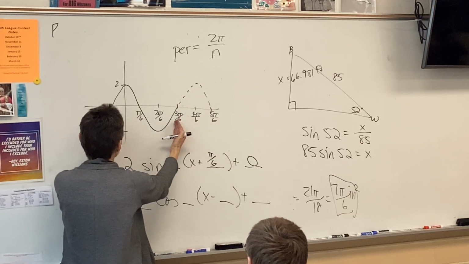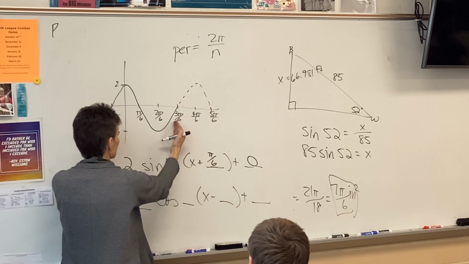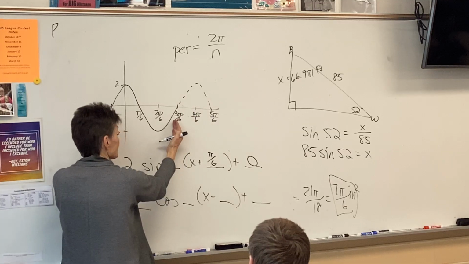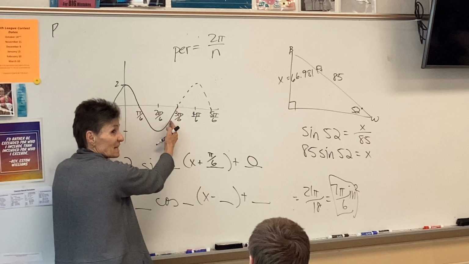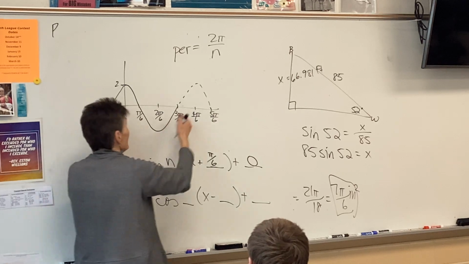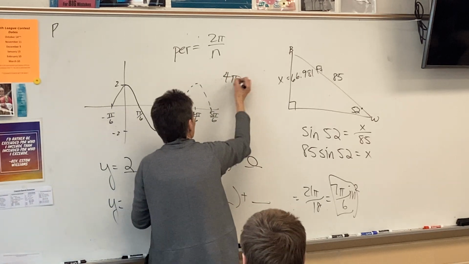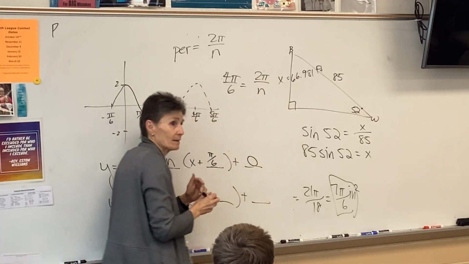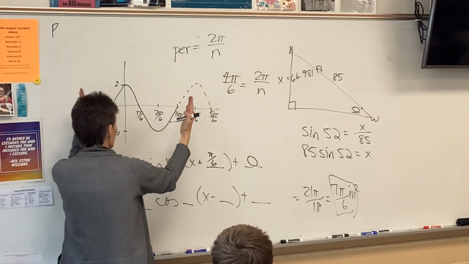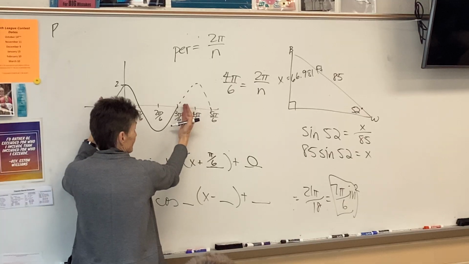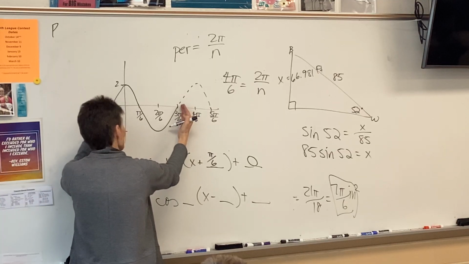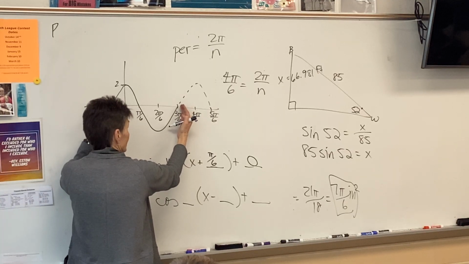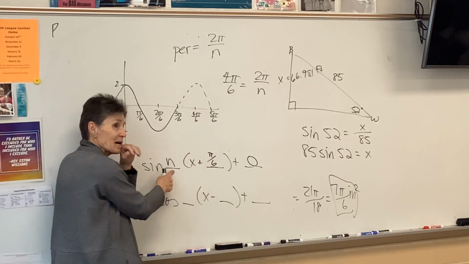How far is it from -pi/6 to positive 3 pi/6? 4 pi over 6? So 4 pi over 6 is 2 pi divided by something. This right here is the period. To find the period of a sine, I do 2 pi divided by the x coefficient.